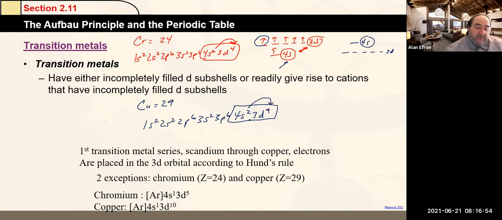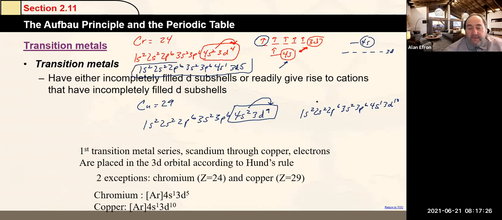Again, that s electron goes upward, and the correct configuration is what we see on the bottom there: 1s2, 2s2, 2p6, 3s2, 3p6, 4s1, and 3d10. And just to be clear, chromium's correct configuration is 1s2, 2s2, 2p6, 3s2, 3p6, 4s1, 3d5. So that's pretty much what's on the bottom there. These are the correct electron configurations for chromium and copper.